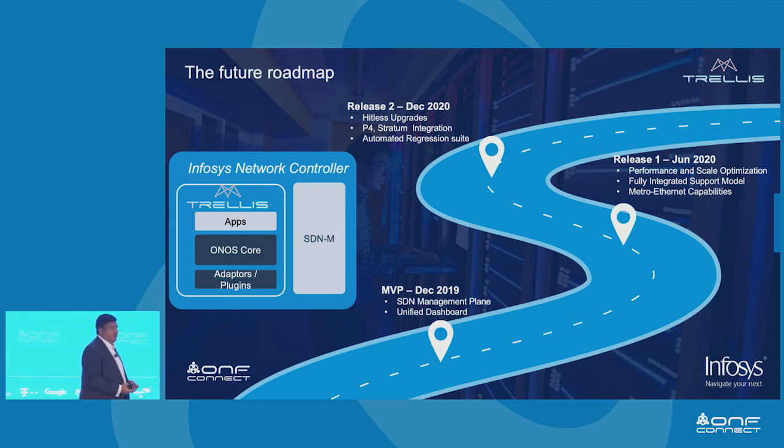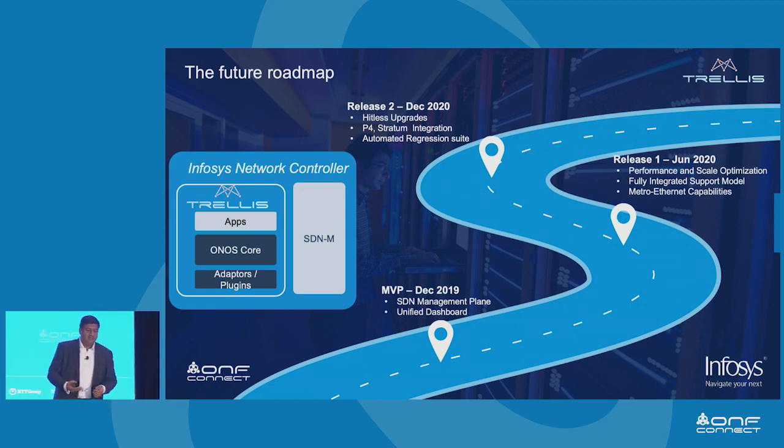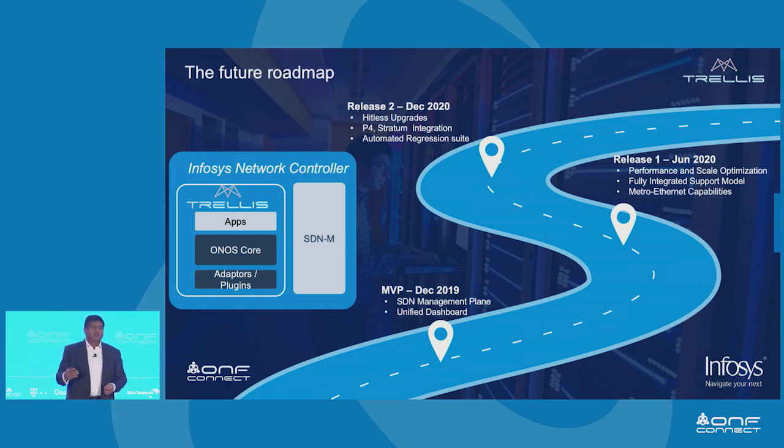In future, we would integrate things like hitless upgrades, P4, Stratum integration, automated regression suites, adding also performance and scale optimization and Metro Ethernet capabilities. All of this on the roadmap will be upstreamed as they happen.